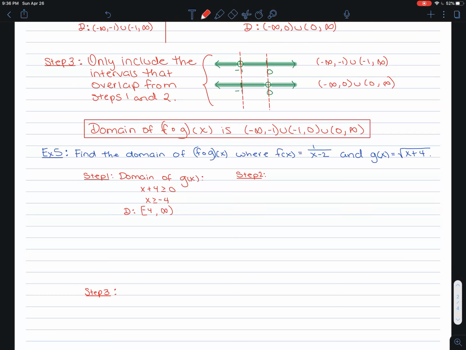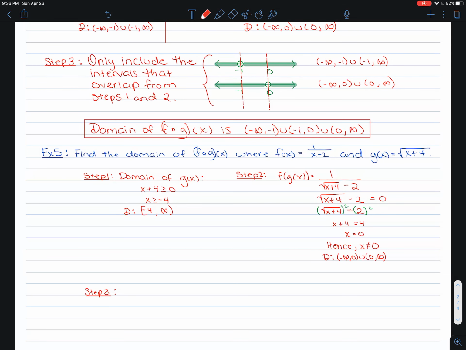And then I just wrote my domain in interval notation. For step 2, we're going to find f of g of x. And then we know the bottom cannot equal 0, so we're trying to find where it is equal to 0. And that is at x equals 0. Therefore, our domain is defined everywhere except at x equals 0. And then I just wrote it in interval notation.